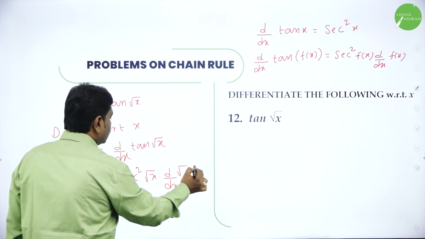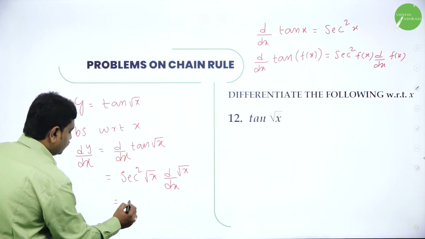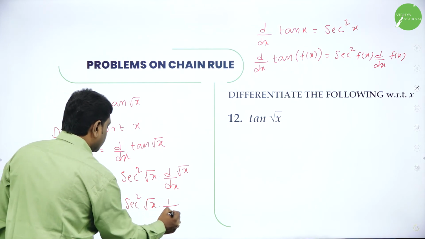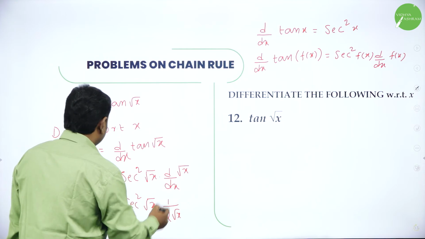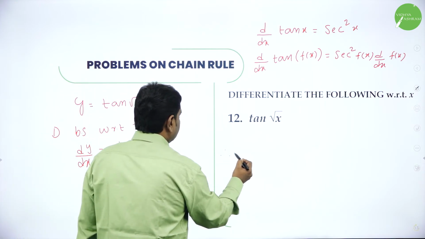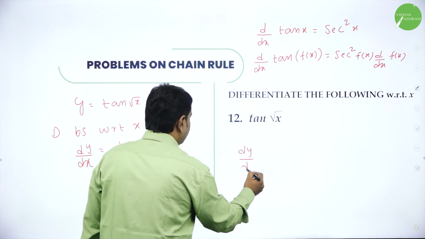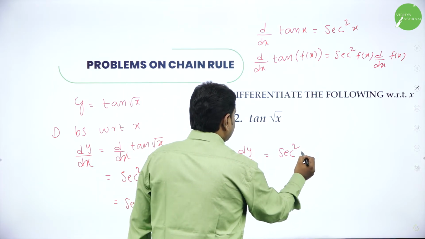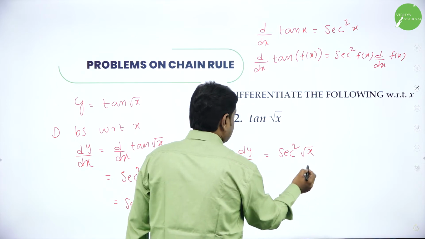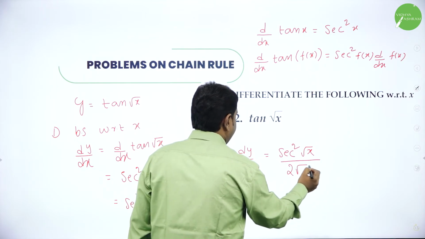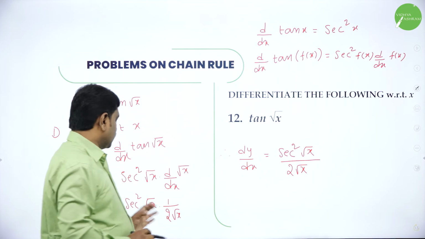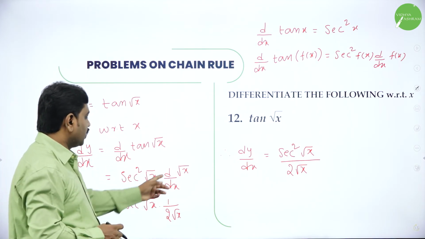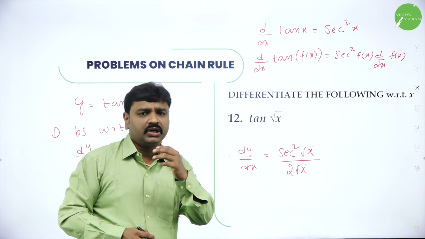What is the internal function? Root x. That is secant square root x into the derivative of root x, which is 1 by 2 root x. So therefore dy by dx is equal to secant square root x divided by 2 root x. Tan f of x gives secant square f of x into d by dx of f of x. All of you know the derivative of root x is 1 by 2 root x.